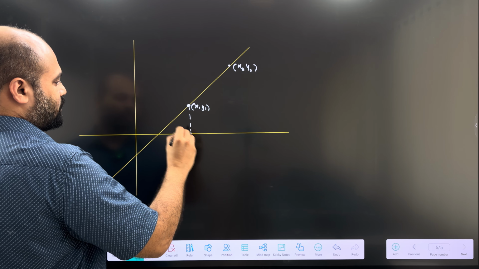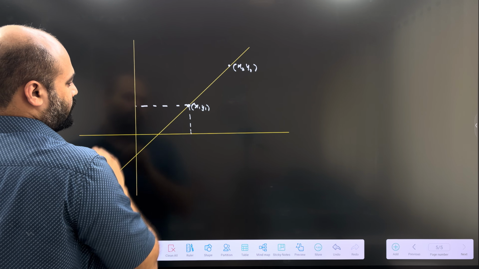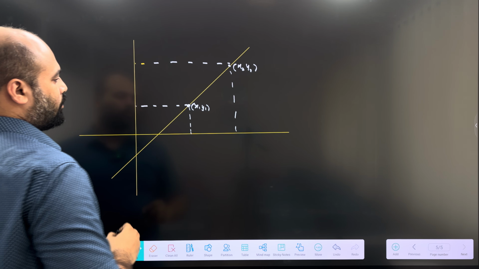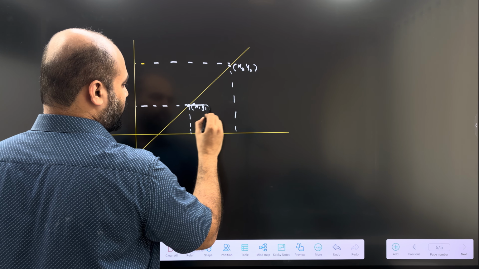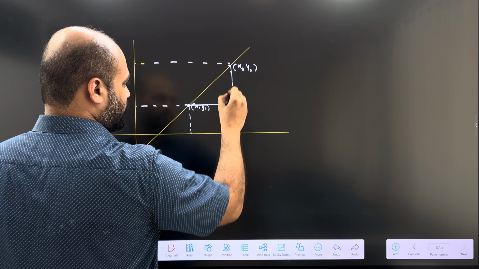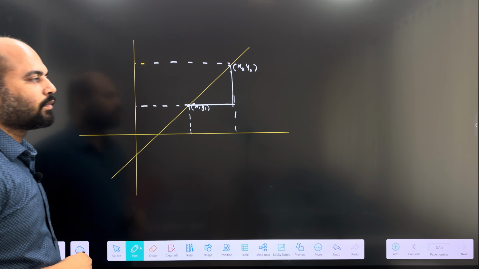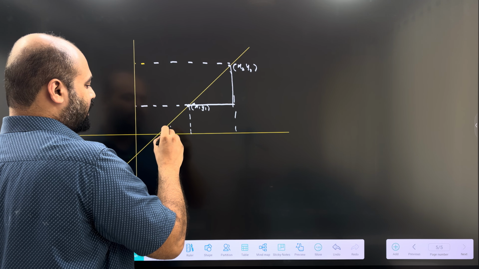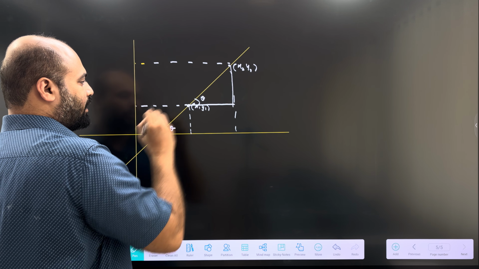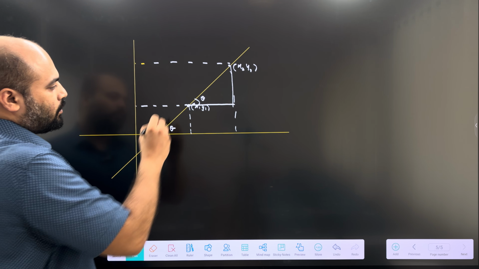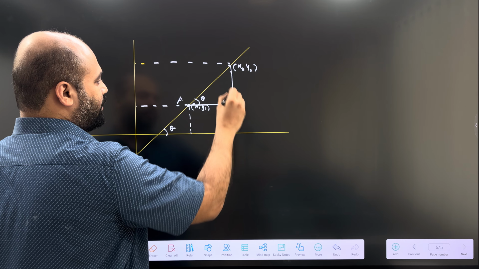Let's just join this. We realize that if I join this part and if I join this part, we will find two line segments. So you can see from this, this is the angle theta. This also should be angle theta because they are corresponding angles. Let's name them as A, B, C.